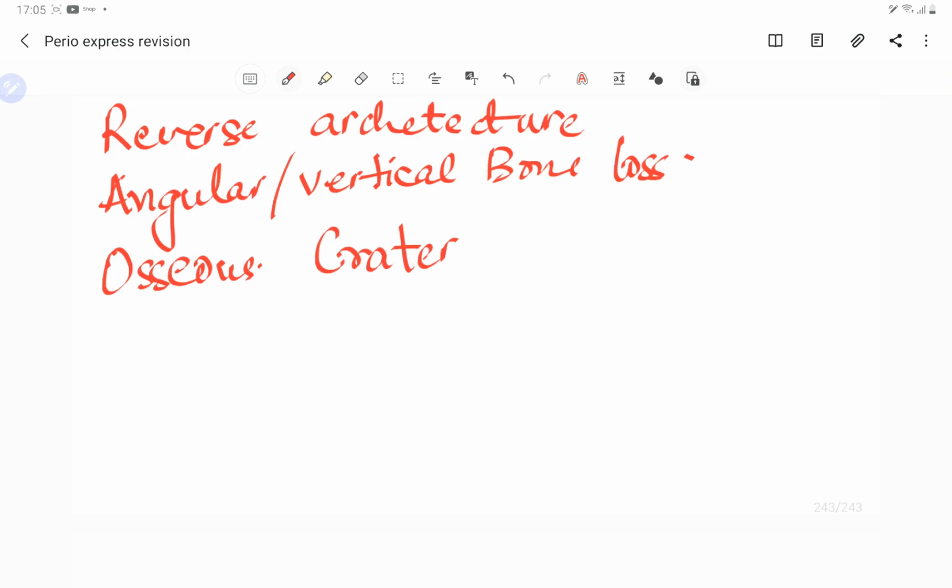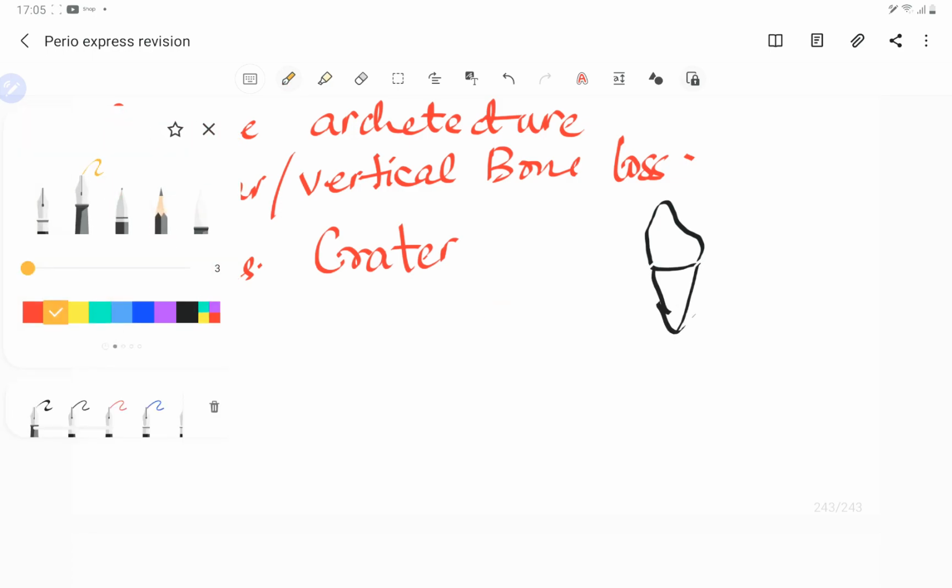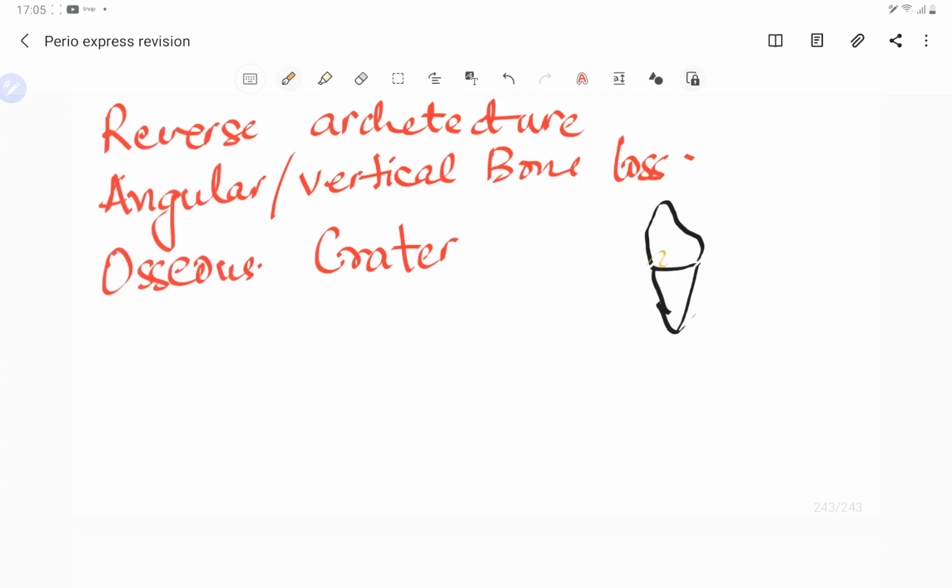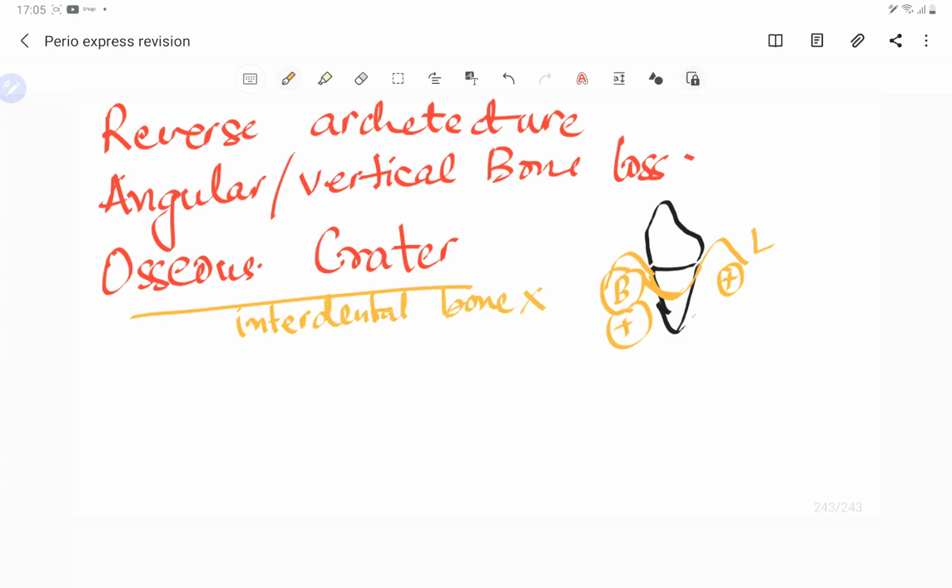So osseous crater, guys, is going to be like this. Say suppose this is a tooth. So we are seeing it from the lateral view. So guys, in case of an osseous crater, you will find only the buccal and the lingual wall. So buccal wall is present, lingual wall is present of the bone, but you will not find the interdental bone. So in crater, the interdental bone is missing. No interdental bone. So that is an osseous crater.